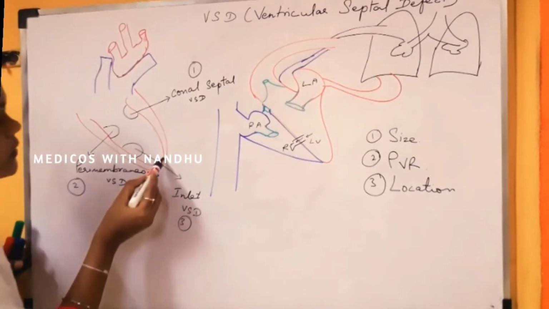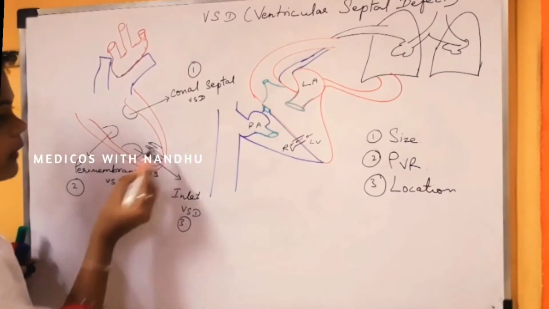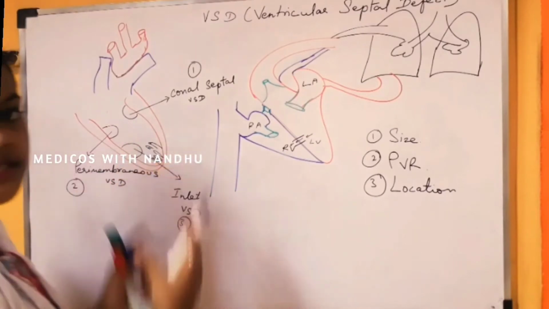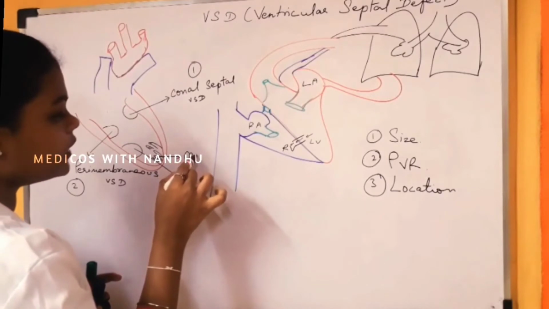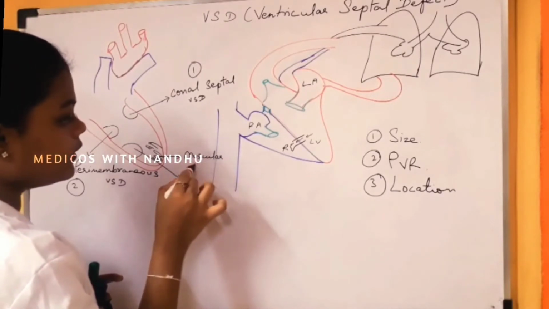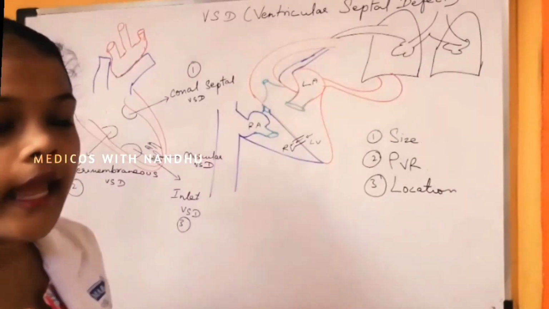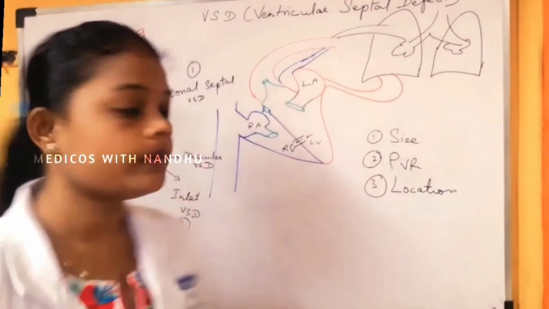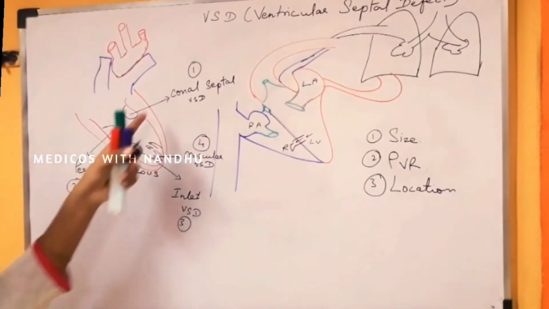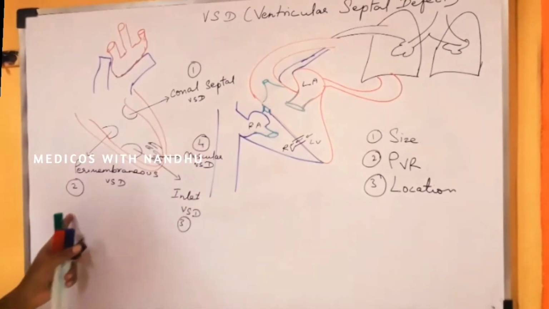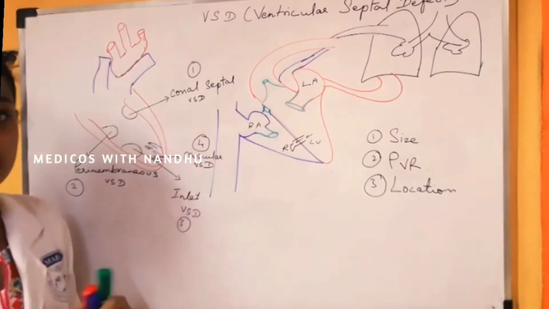The muscular portion is in the lower section of the ventricles, so the VSD present here is known as muscular VSD. This VSD will close spontaneously and does not require any surgery. This was the fourth type. The four types of VSD are conal septal VSD, perimembranous VSD, inlet or atrioventricular canal type VSD, and muscular VSD.